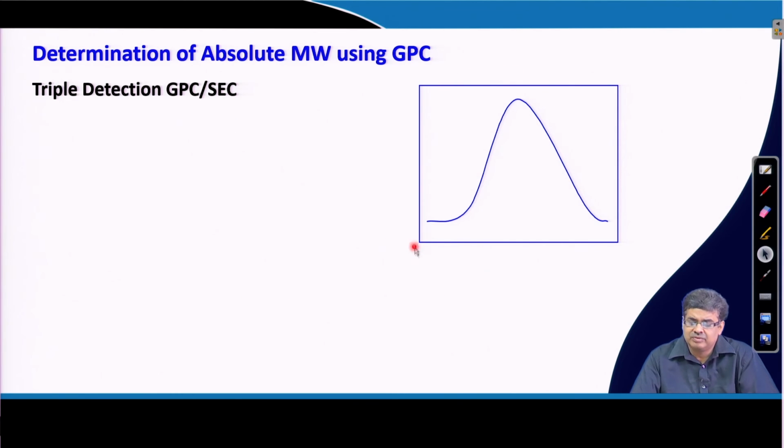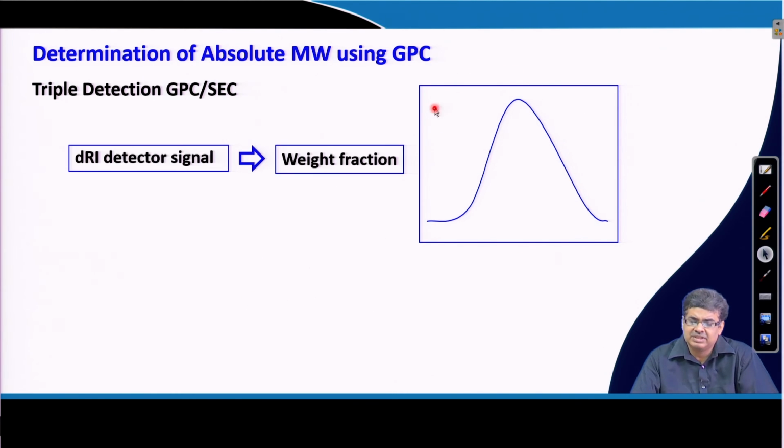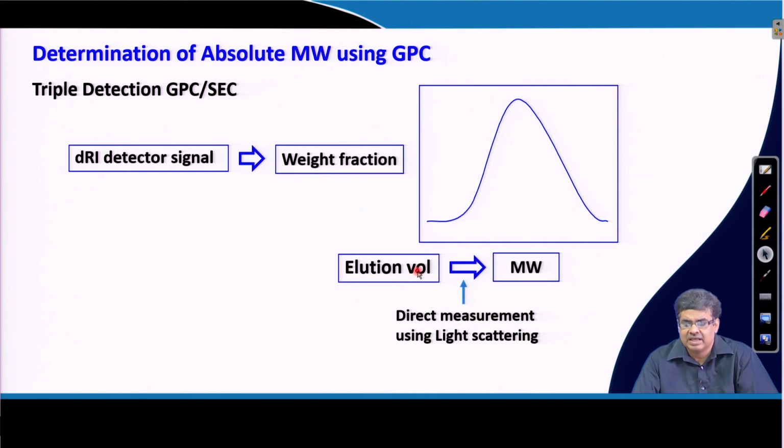So, how do you do this absolute molecular measurement? We have a differential refractive index detector signal, from which we can convert to weight fraction as we discussed earlier.